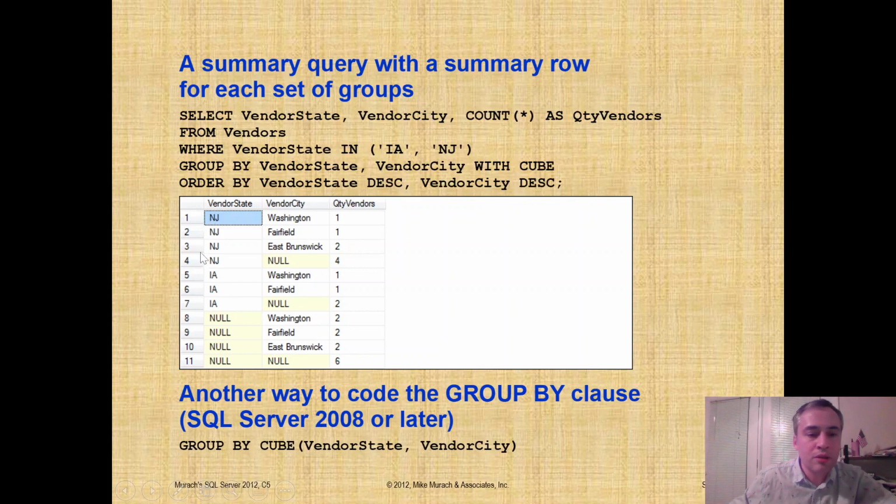So we're rolling up across all vendor states and fixing the city now. So the state can be anything, and city is Washington. There are 2 cases like that, and we can see them from the table. So cube basically allows you to roll up in every order, whereas the rollup itself is respecting the order of your columns.